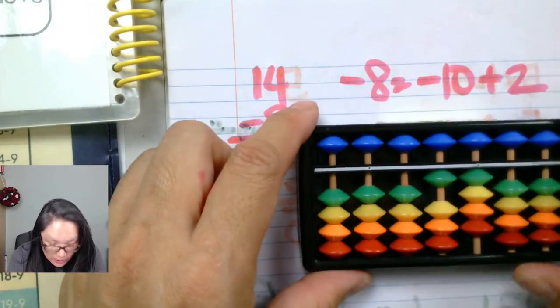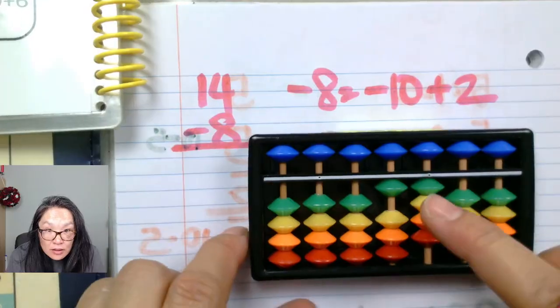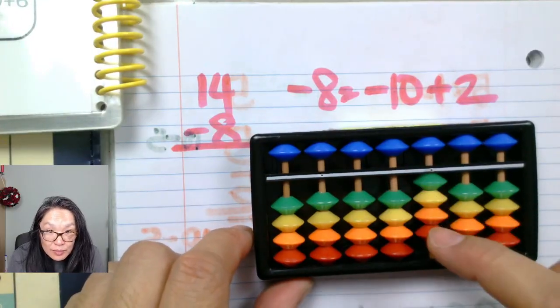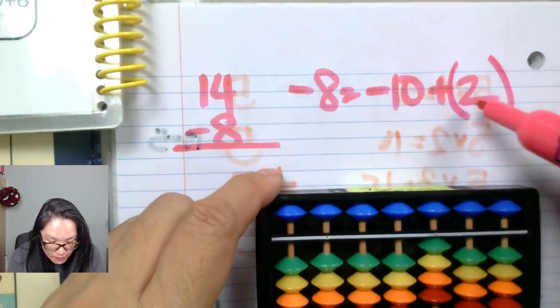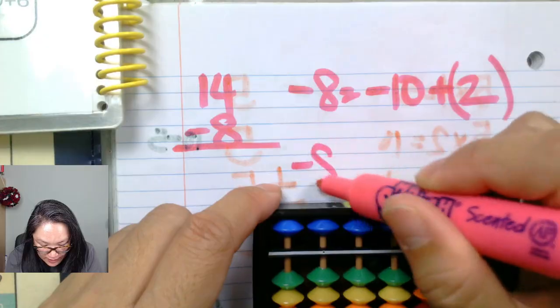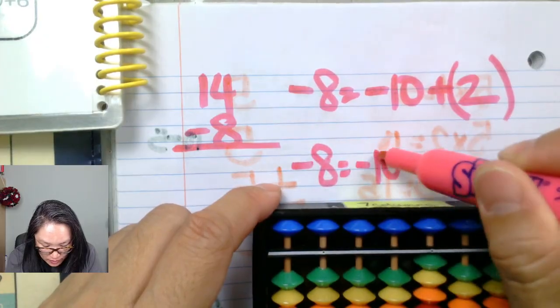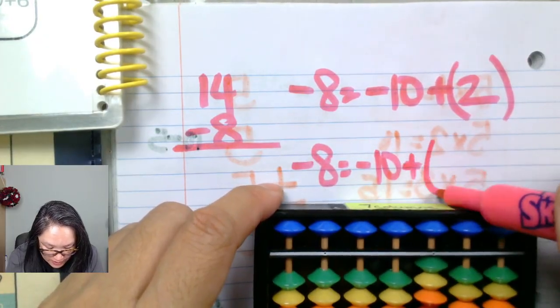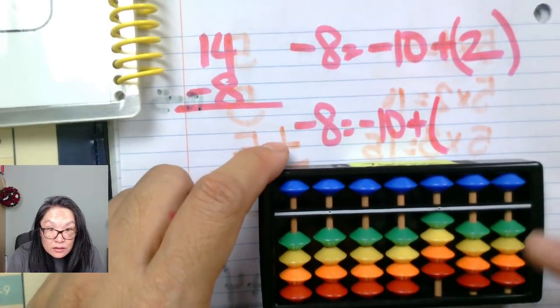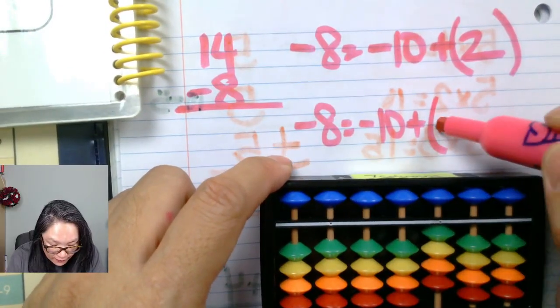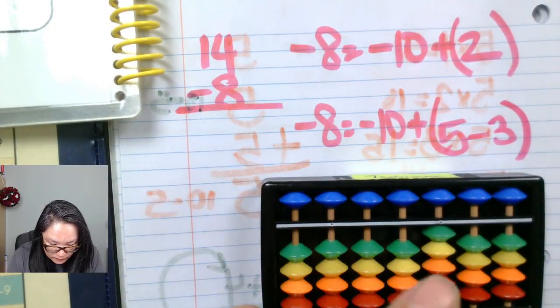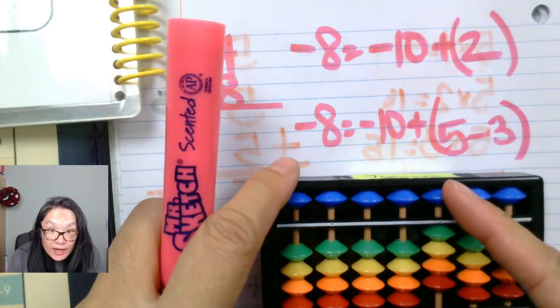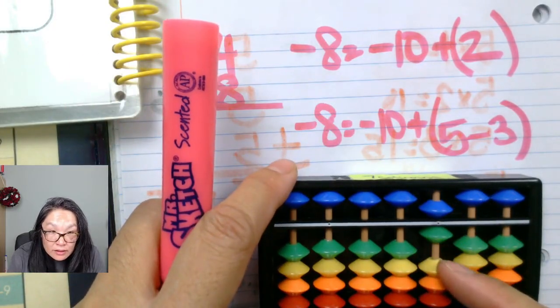Minus 8 is minus the 10 plus the 2. So if I rewrite it, minus the 2 plus 2 is equal to what? Plus the 5 minus the 3.